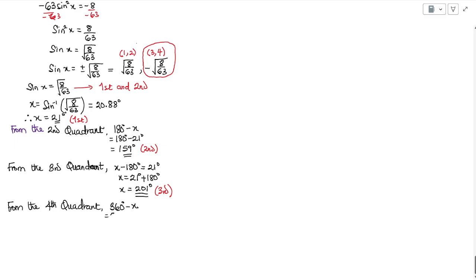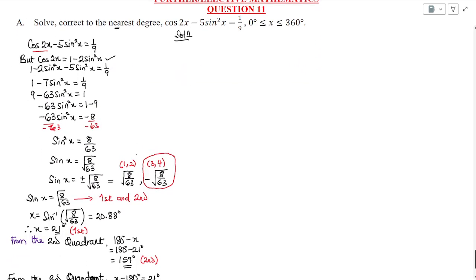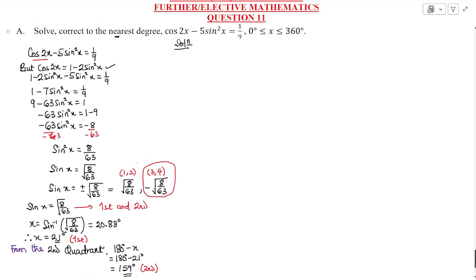So this becomes 360 degrees minus 21 degrees, which gives us 339 degrees as our answer from the fourth quadrant. We are considering all of them because they say our answer lies from 0 to 360 degrees.